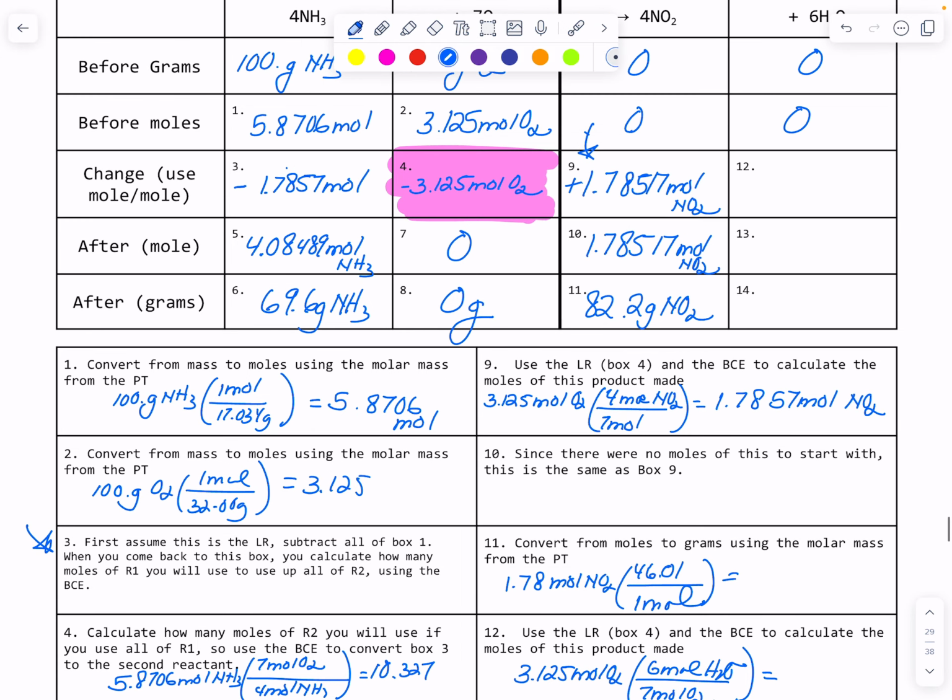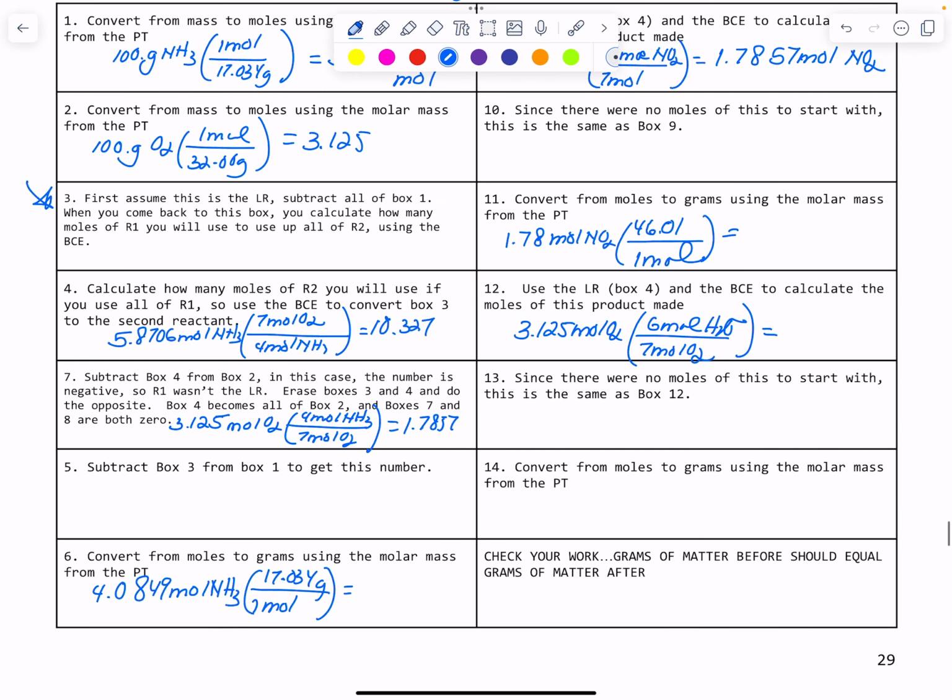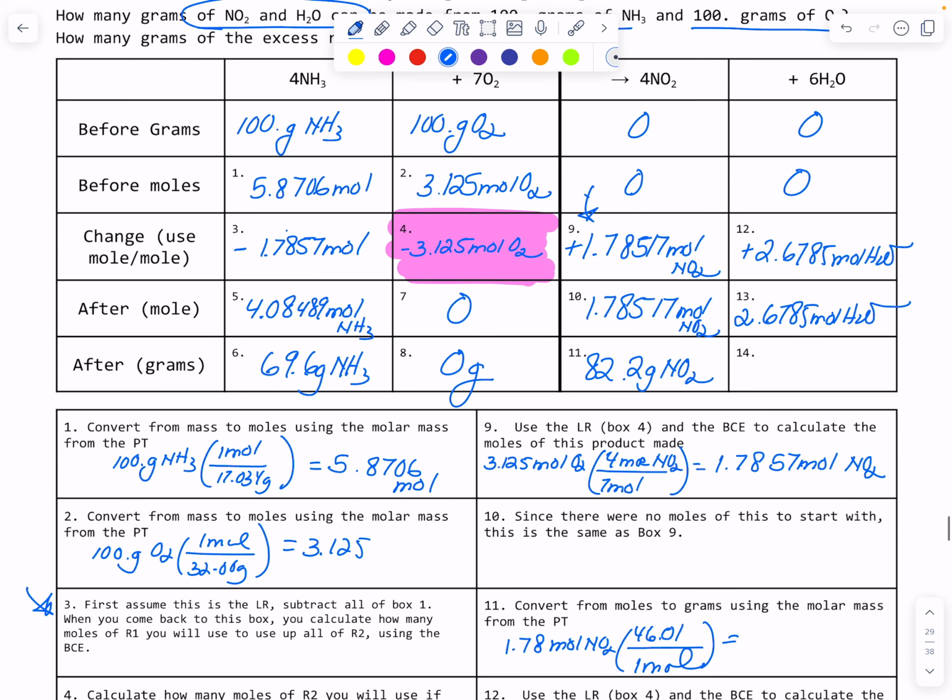This gives me that I will create 2.6785 moles of water, and since I start out with 0, I will wind up with 2.6785 moles of water. And I take that and convert it over to grams. So this is going to be 48.3 grams of water.